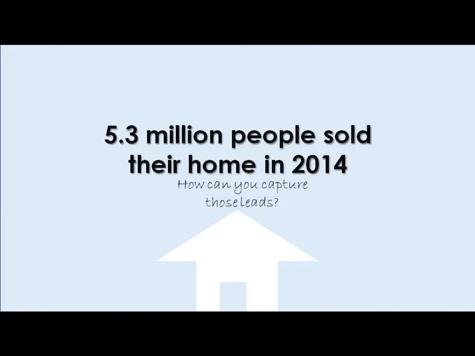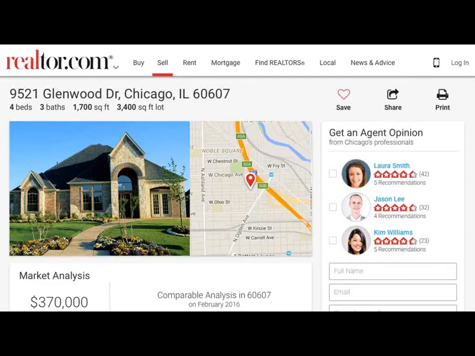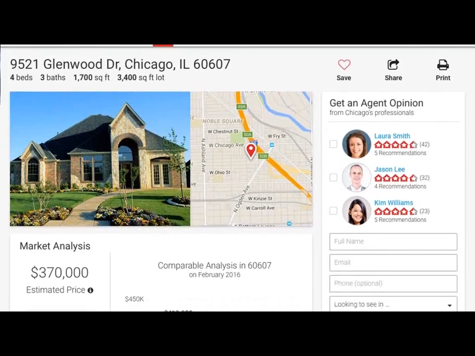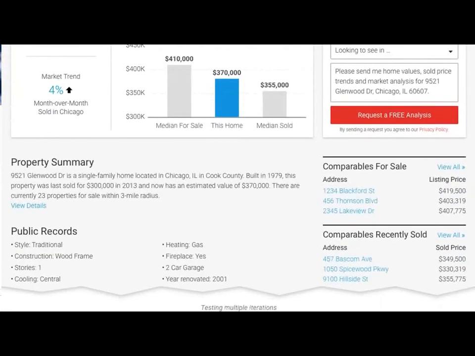5.3 million people sold their home in 2014. So what are some ways to get in front of these sellers? Well, some big players are starting to do this really well. So let's take a look at what they're doing. Realtor.com launched a seller lead product in March called Connections for Sellers. This tool helps sellers price their home based on local properties for sale, and you can see some overall trends in their area.